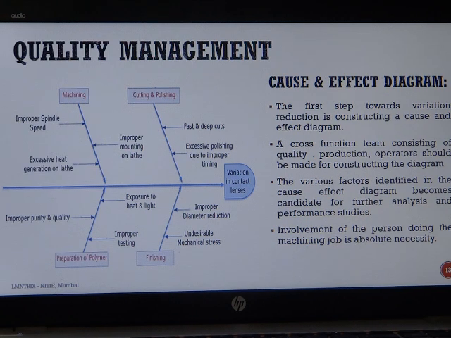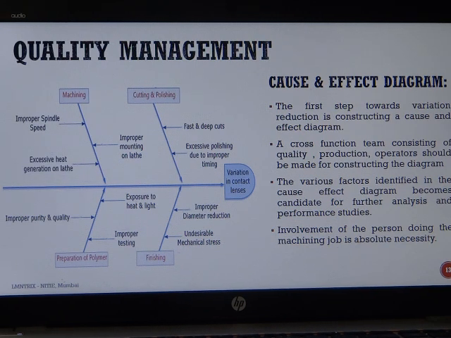For example, the different causes analyzed by us are mainly the excessive polishing due to improper timings, the fast and deep cuts, improper diameter reduction, undesirable mechanical stresses, improper mounting on the lathe, exposure to heat and light, improper testing, improper purity and quality, excessive heat generation on lathe, and the improper spindle speed.